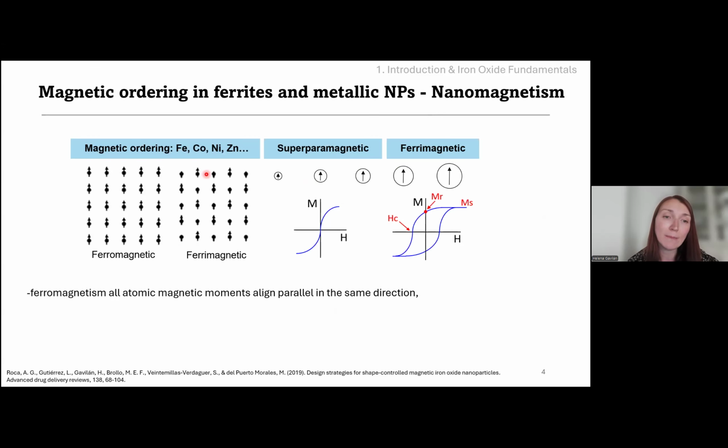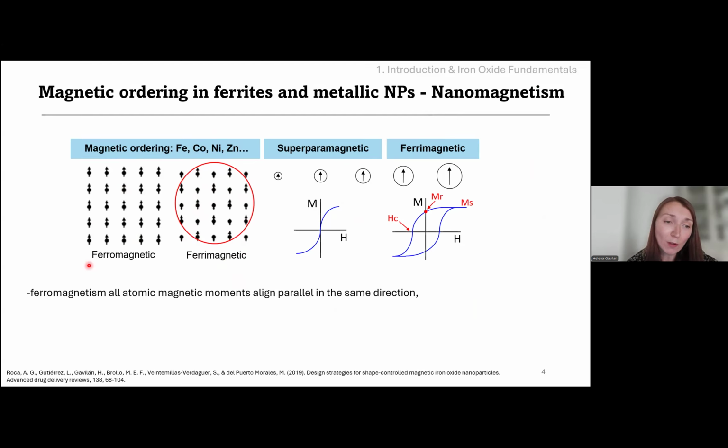Okay, so basically we see that when we have this magnetic ordering of ions like this, we may have ferromagnetic or ferrimagnetic properties. In the case of ferrite, it is ferrimagnetic.